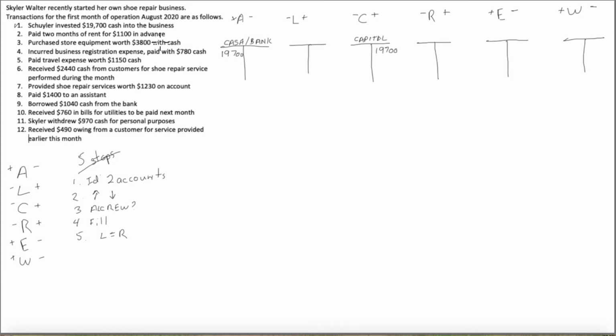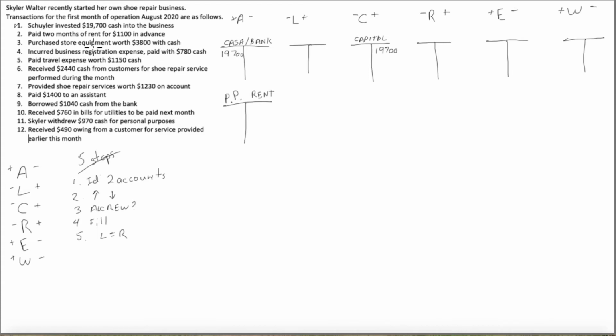That's a keyword, advance. So prepaid, right? Anything that's prepaid is an asset. So we're going to need another account here, and we're going to call it prepaid rent. All right, so those are the two accounts.